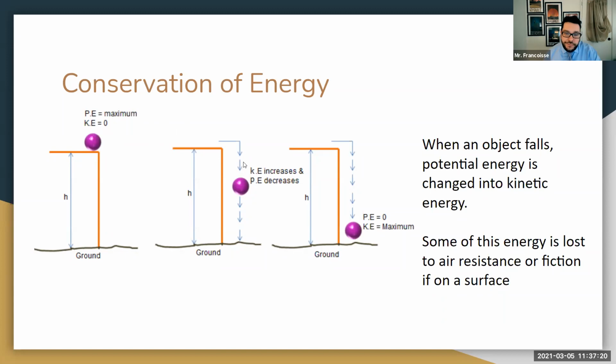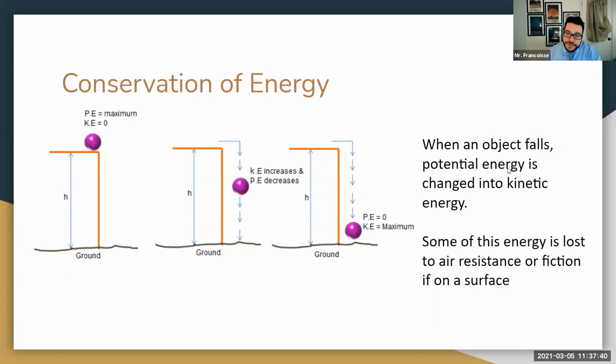So as an object falls, kinetic energy is changed into potential energy. So kinetic energy goes up as potential energy goes down until it gets to the bottom, in which case it's at the floor.